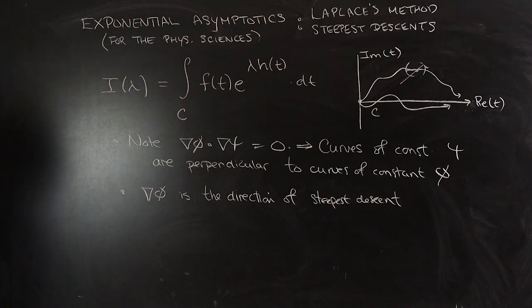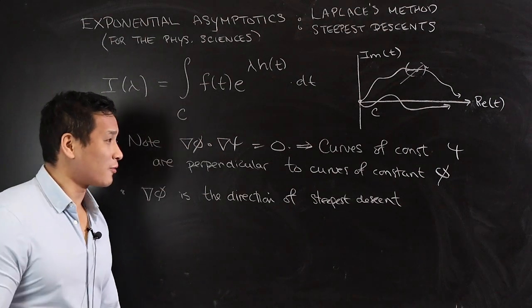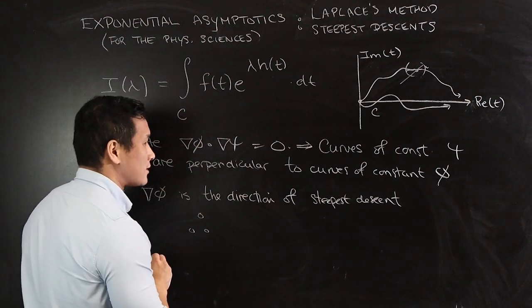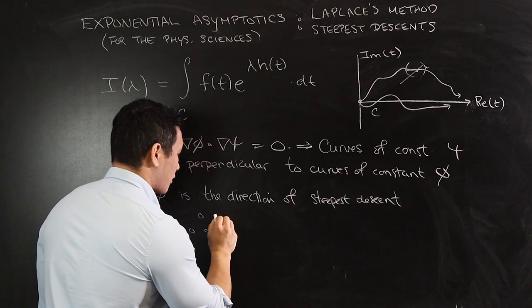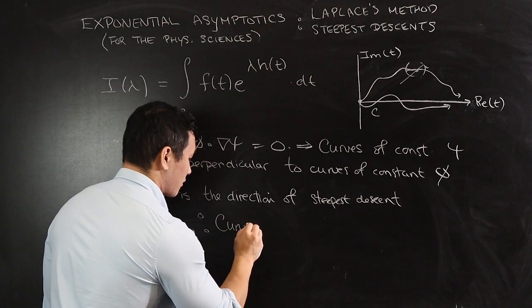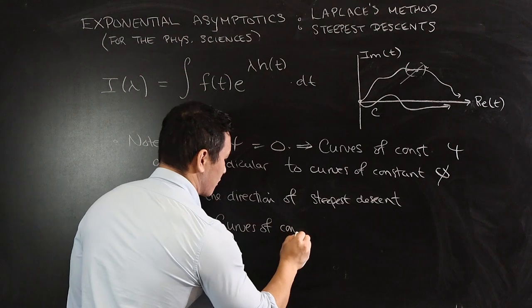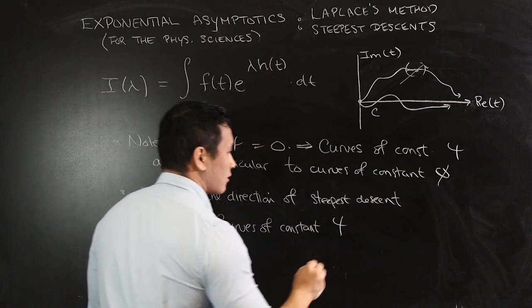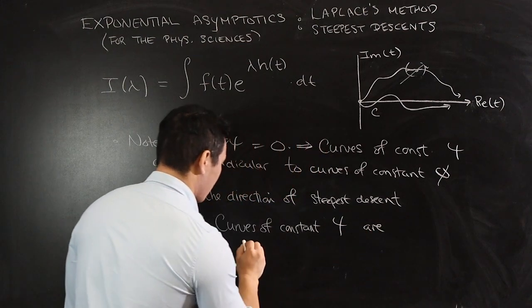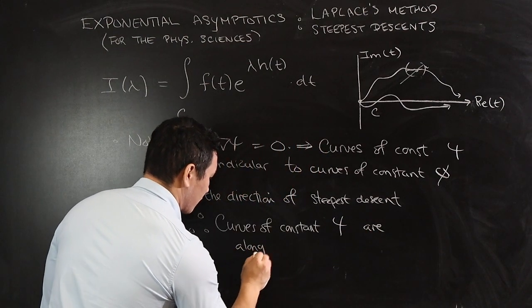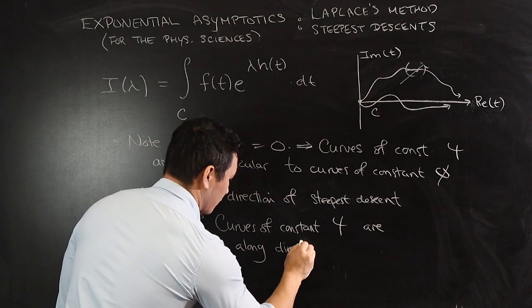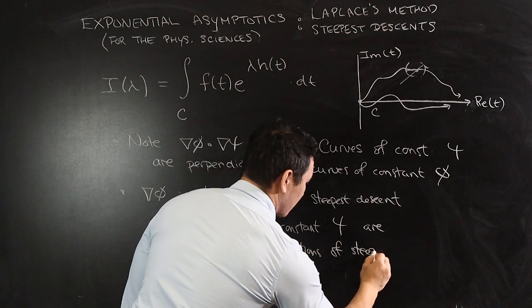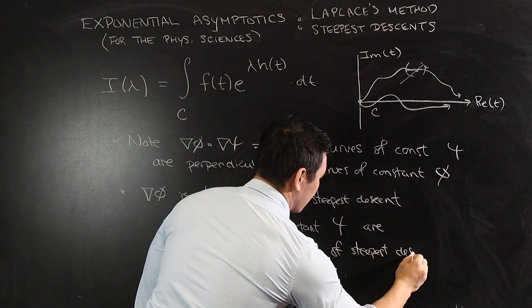And so the one conclusion you're moving towards is that curves of constant psi are along directions of steepest descent or ascent.